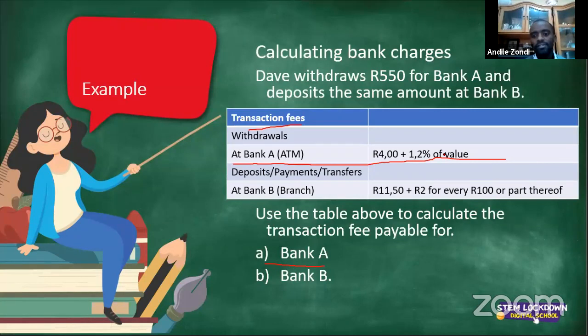What is the value of the amount of money withdrawn? The value will be 550. So you need to substitute 550 into the formula, and then you get your answer.